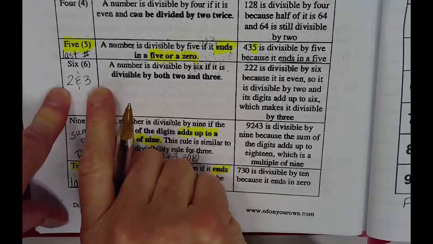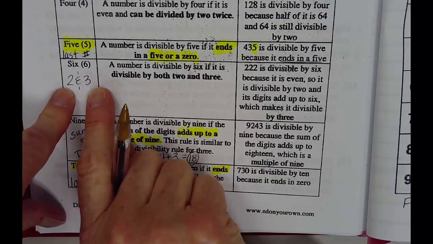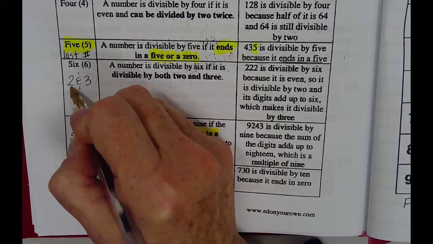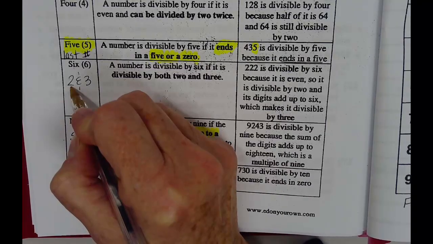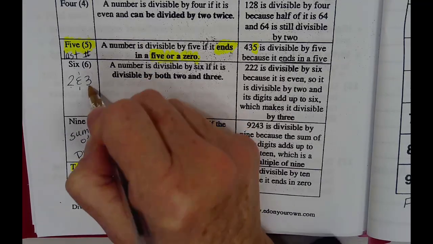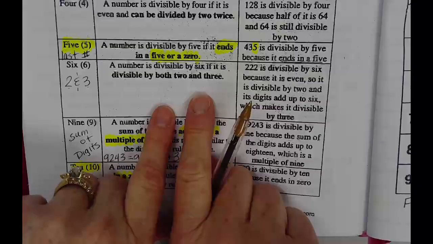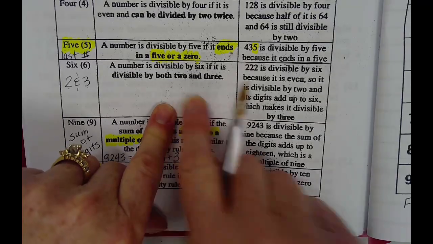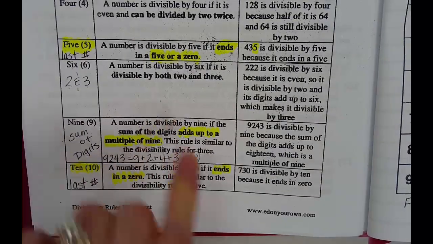A number is divisible by 6 if it's divisible by 2 and by 3. So how do we know if it's divisible by 2? If it's even. How do we know if a number is divisible by 3? Sum of the digits, add it up. You don't have to remember it, but it can make it faster because the bigger the number, the faster you can simplify.